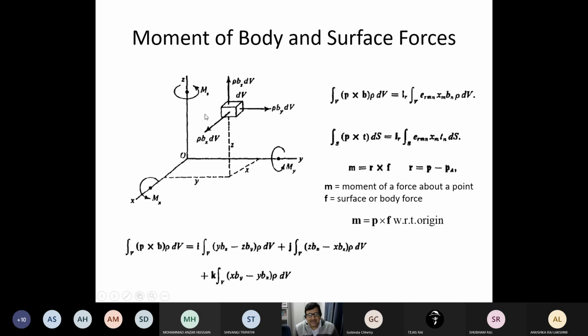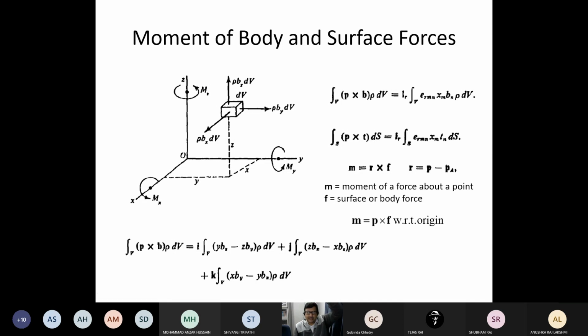What do you mean by Mx, My, and Mz? The moment of the forces. Correct. So if you just look at the arrow at the top, if you start rotating with that arrow going upward, that is your Mz, when you are holding the z-axis and giving a rotation.